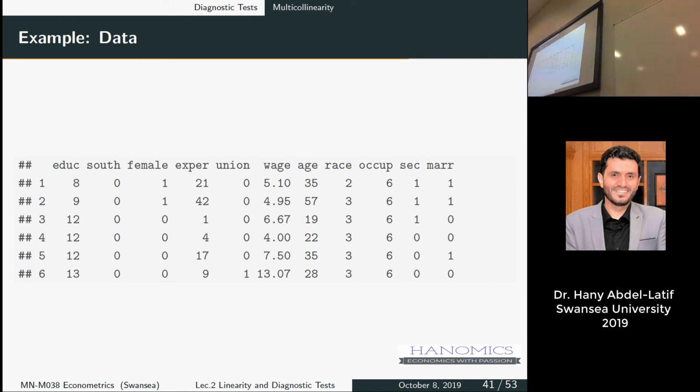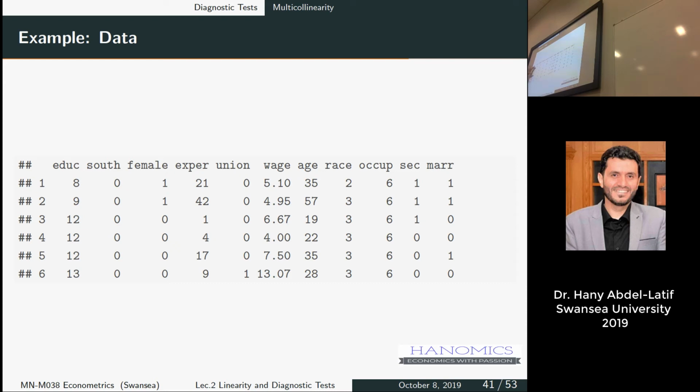Let's see an example where we have collinearity or multicollinearity. I'm using data here; this is just a snapshot, not all the data. The first variable is education, the number of years of education.